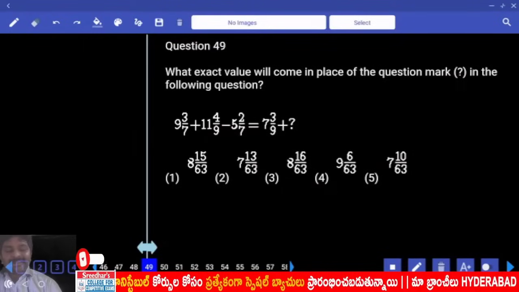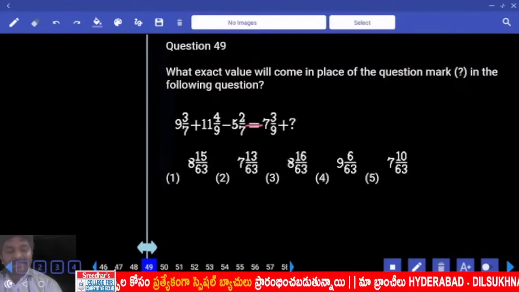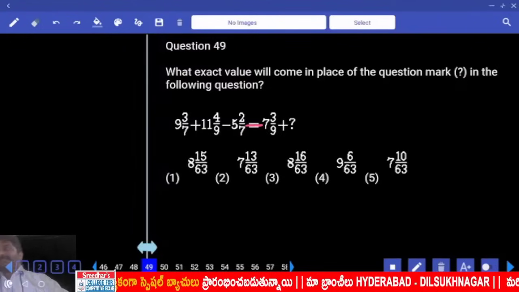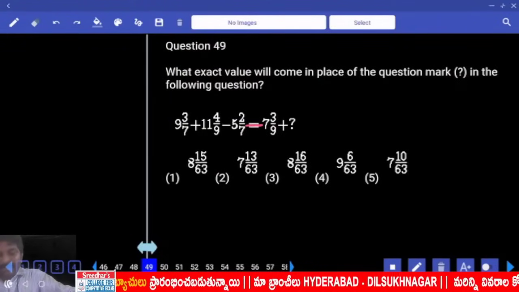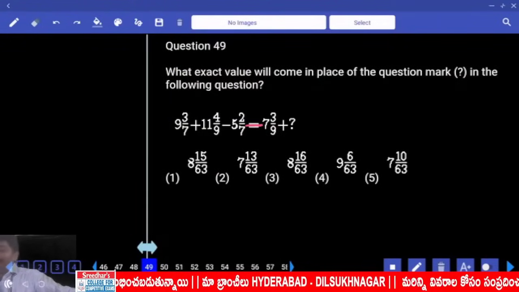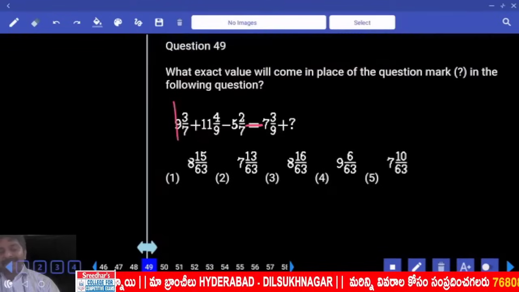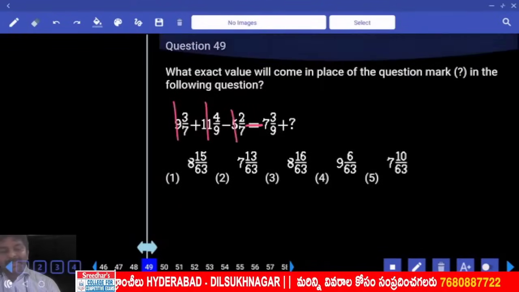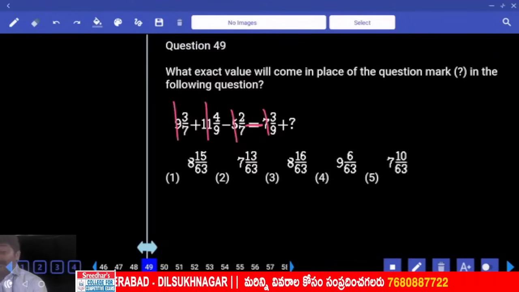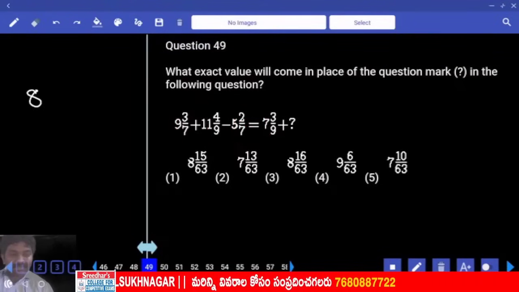X is on the right hand side, keep that as it is. Take the other number from the right hand side to the left hand side, it becomes a negative number. We will first consider only integers. 9 plus 11, 20. Minus 5 minus 7, minus 12, which is 8. Okay. Right.